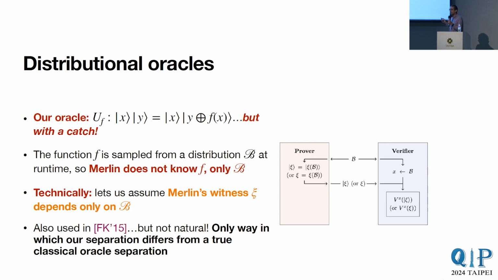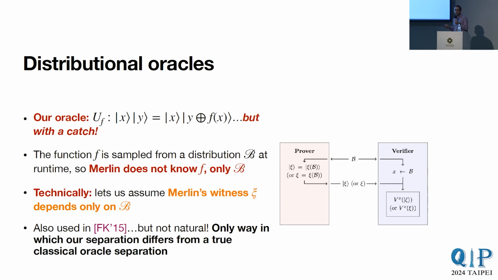So I'm going to come up with a proof, but my proof can only depend on script b. Then in the interaction, Arthur will get this proof, and then Arthur will be able to make queries to the oracle, and the oracle will pick a random f from the distribution script b and answer according to that particular f.